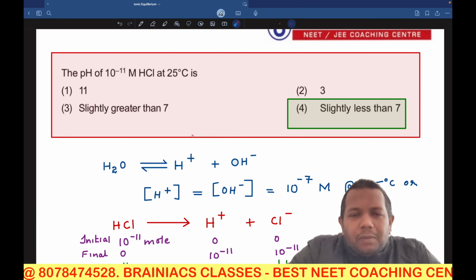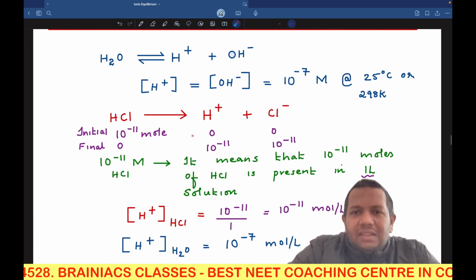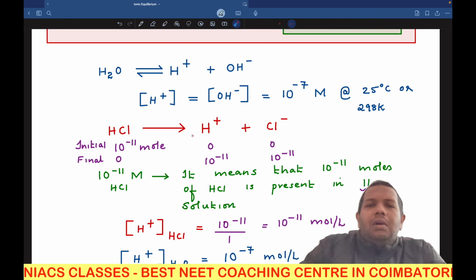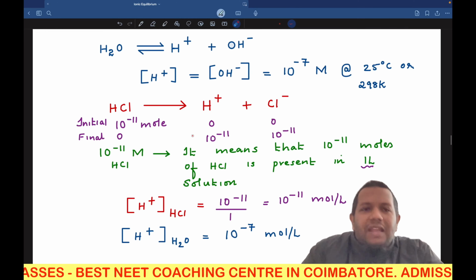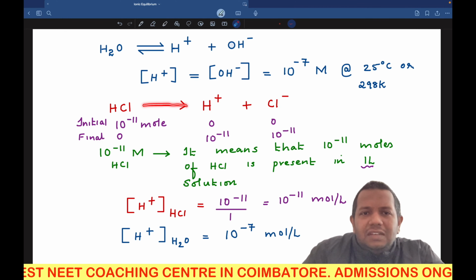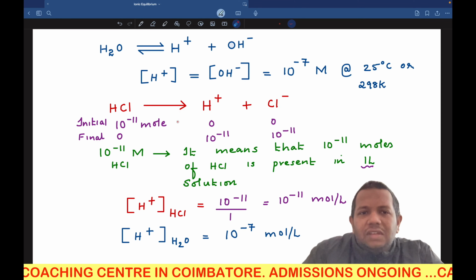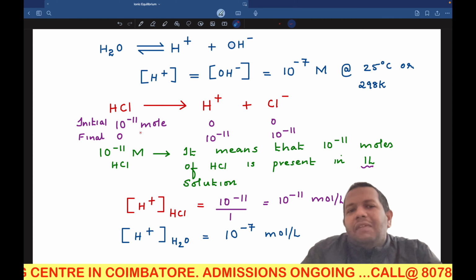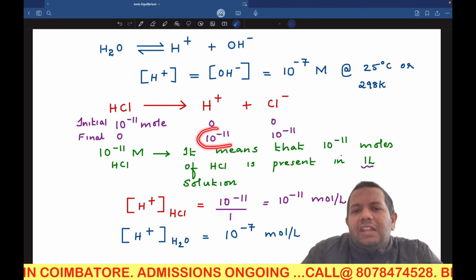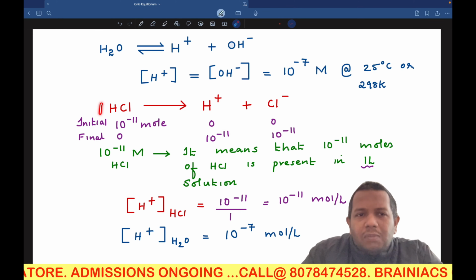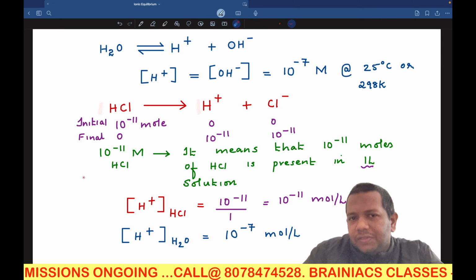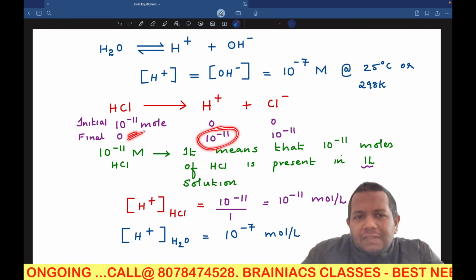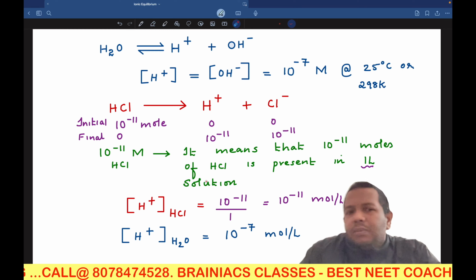If it is 10 power minus 7 or less, we will consider water also. For HCl, a very strong acid, it will undergo complete ionization. So if you take 10 power minus 11 mole initially, it will generate 10 power minus 11 mole, because 1 mole of this can generate 1 mole of H plus.